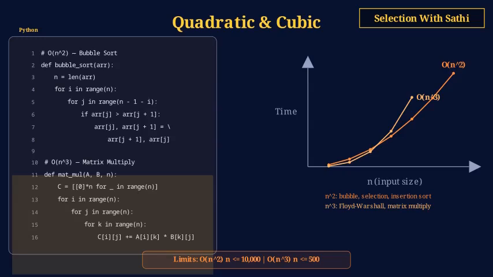O of n squared is manageable for n up to about 10,000. O of n cubed only for n up to about 500. Most brute force solutions are O of n squared or O of n cubed, and your job in competitive programming is to optimize them down.